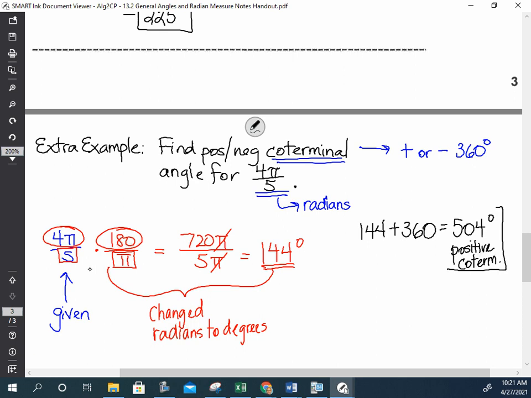That's your positive coterminal angle. And then 144 minus 360 is negative 216. That's your negative coterminal angle.